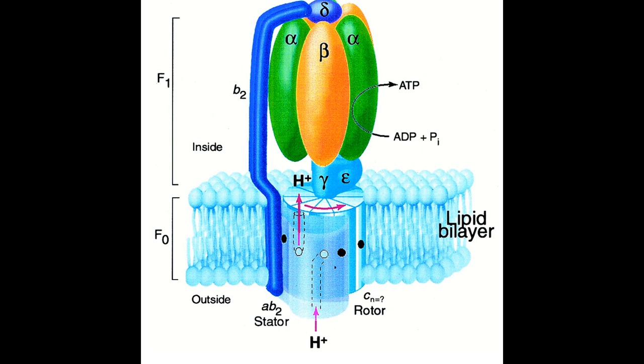Now let's look at a brief mechanism of how ATP synthesis occurs through oxidative phosphorylation.